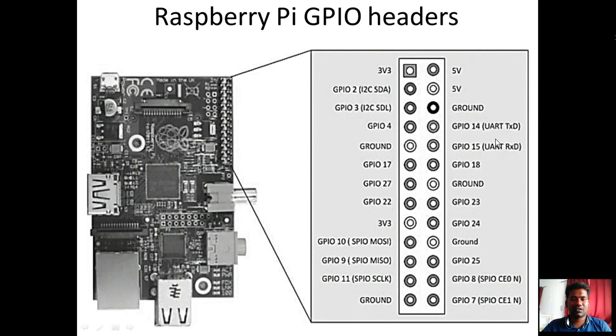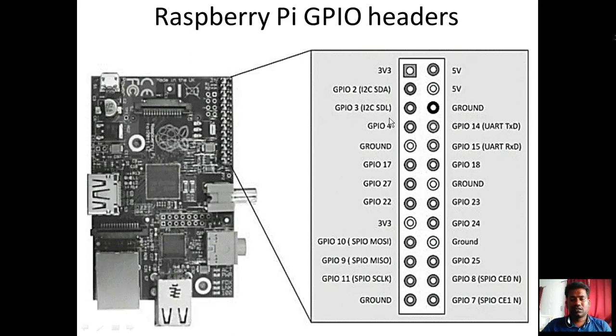GPIO 2 and 3 we can use for I2C communication protocols. GPIO 9 and 11 will be used for SPI, and 8 and 7 are also used for SPI communication protocols. And 2 3.3-volt ports will be there in the Raspberry Pi GPIO headers.